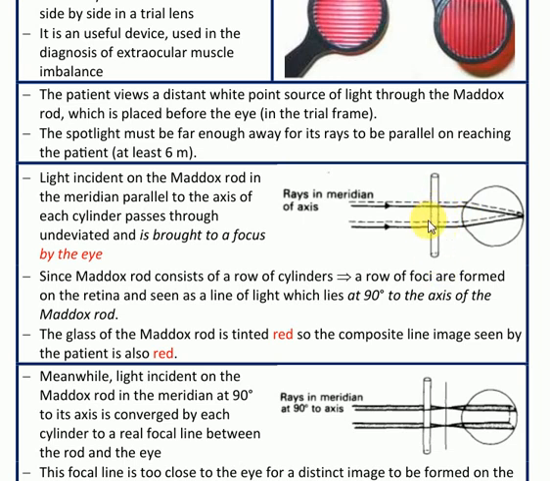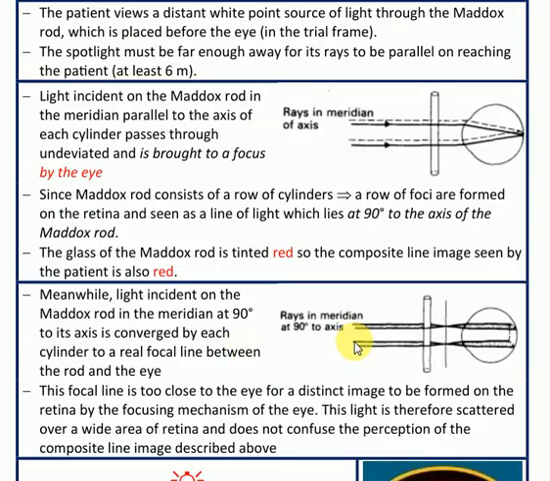The glass of the maddox rod is tinted red, so the composite line image seen by the patient is also red. Meanwhile, the light incident in the meridian 90 degrees to the axis is converged by each cylinder to a real focal line between the rod and the eye. This focal line is too close to the eye for a distant image to be formed on the retina by the focusing mechanism of the eye.